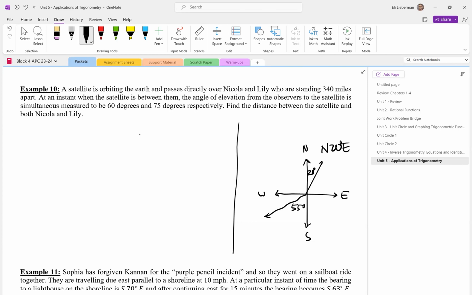So we're going to start with south and then 55 degrees west, so south, 55 degrees west, or 55 degrees west of south. That's what I prefer, honestly, except it's awkward to start there. But either way, it's appropriate.